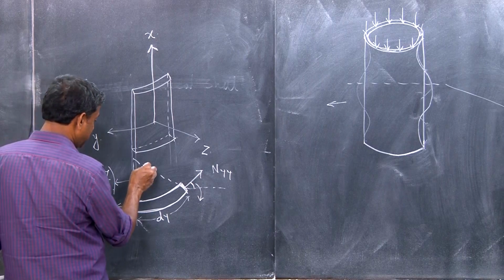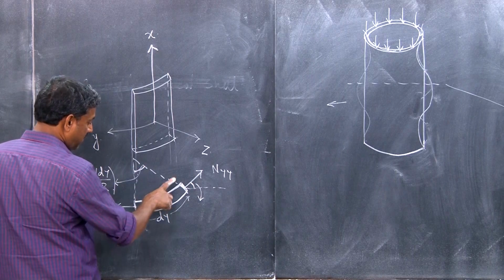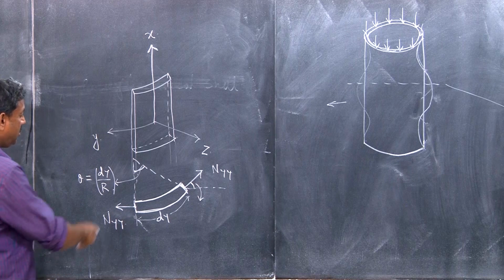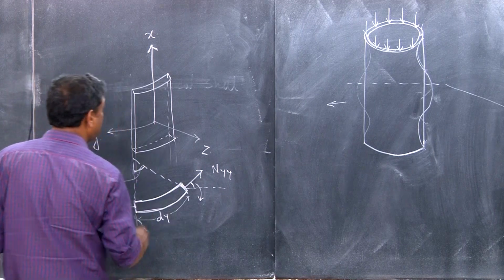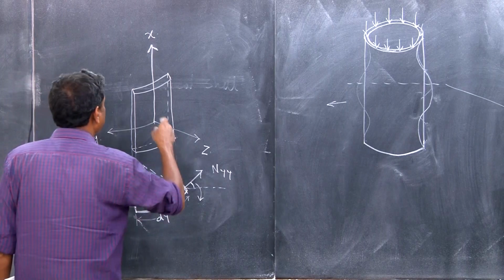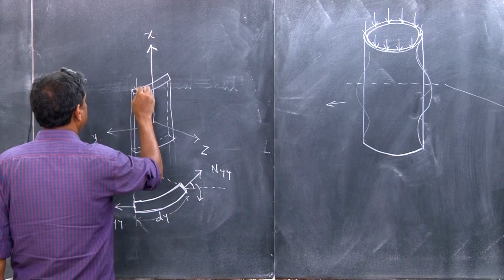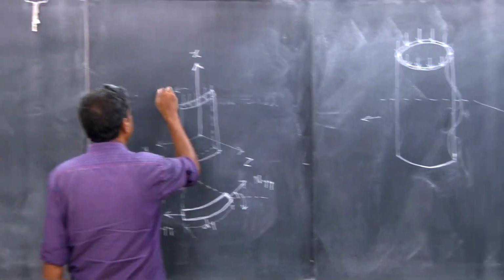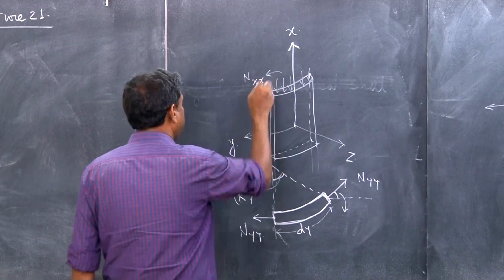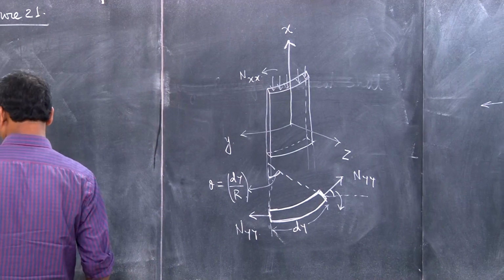This subtends an angle, and if we take a simple strip, theta is equal to dy by r. It is also subjected to axial compressive force, N_x.